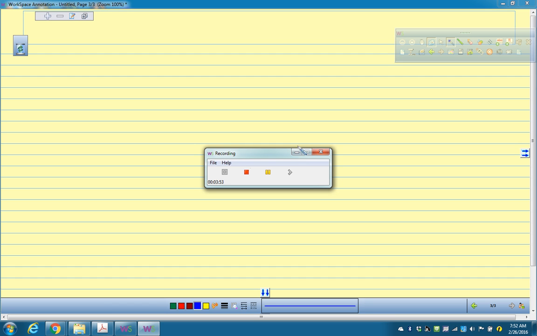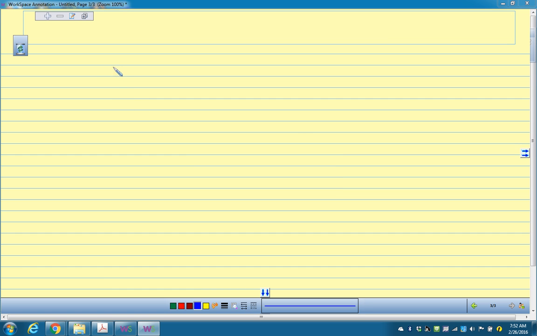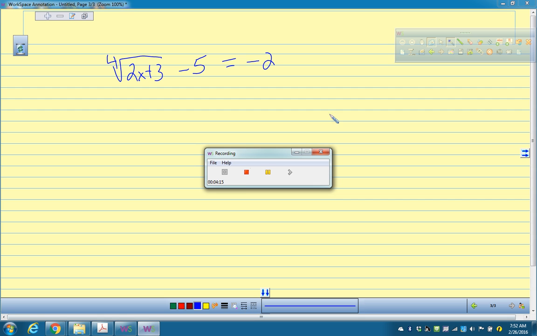How about something that looks like this? What if I had the 4th root of 2x plus 3 minus 5 equals negative 2. I'm going to let you guys try this one. This is very similar to the last one we did, so give it a shot.